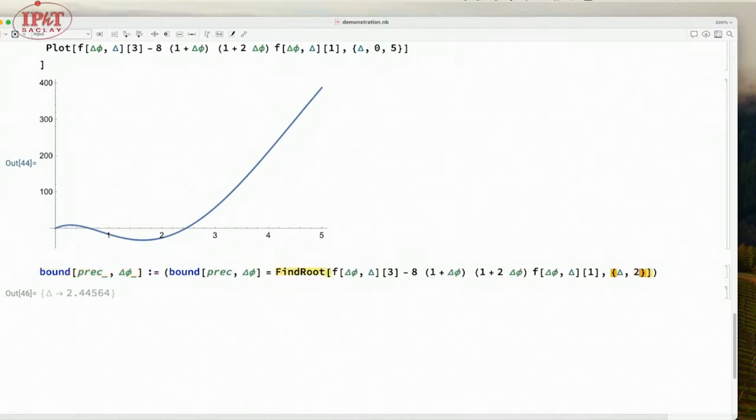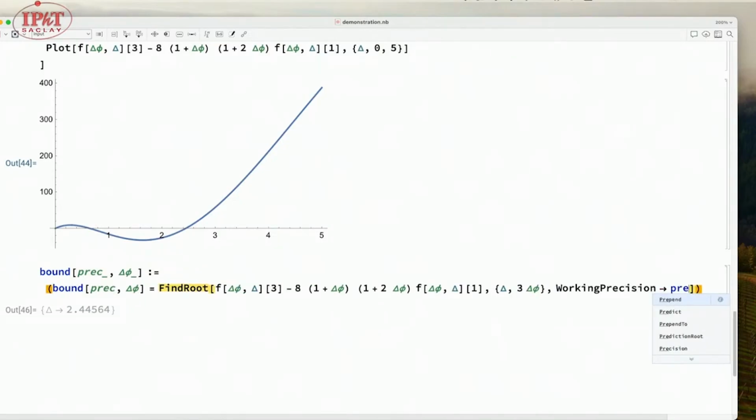Now, it turns out that the bound is relatively close to 3 delta phi, so I'm kind of cheating here. This argument tells the function find root where to start looking for the solution. So I think it's around 3 delta phi in general. And we want to work to some precision.